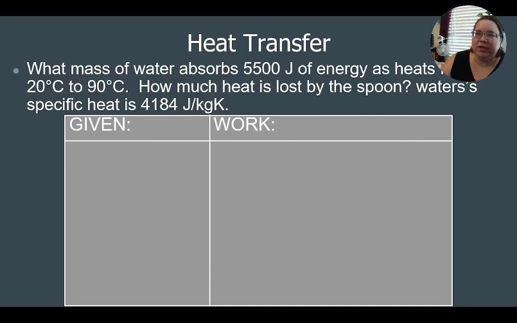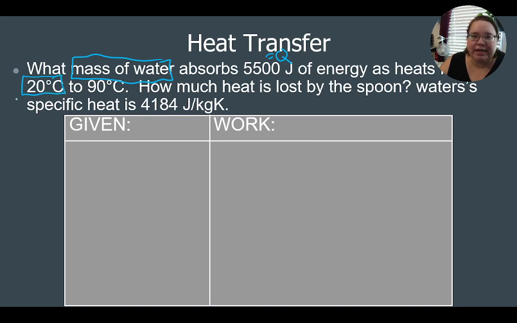All right, second example problem. It's asking us what is the mass, and it's giving us joules, which we know is our energy, so that's my Q. And it's saying that my object heats from 20 to 90.